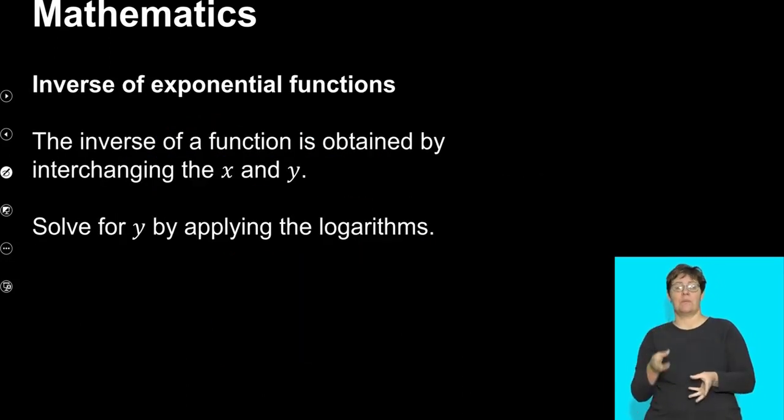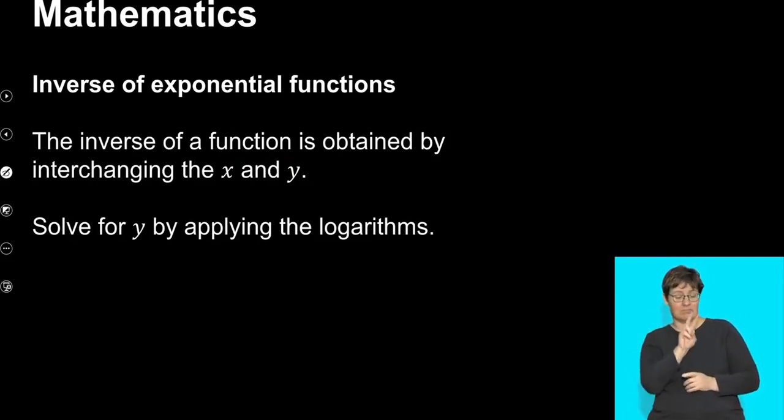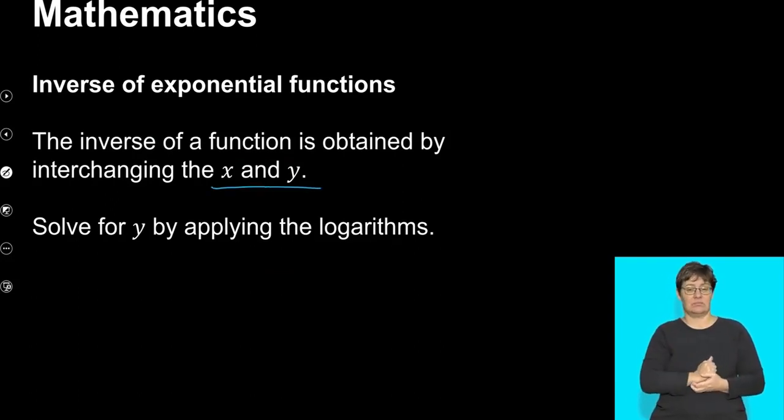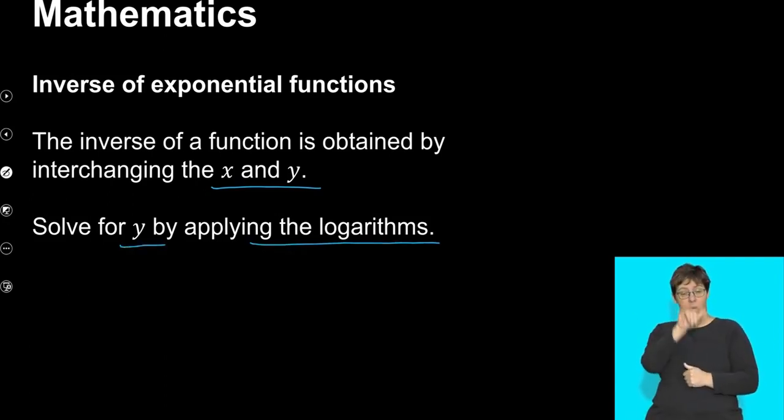Now, to look at the inverse of an exponential function based on what we've just looked at, remember, you still need to know it's all about interchanging x and y. That will not change. But the new thing here is that we solve for y by applying logarithms, right?